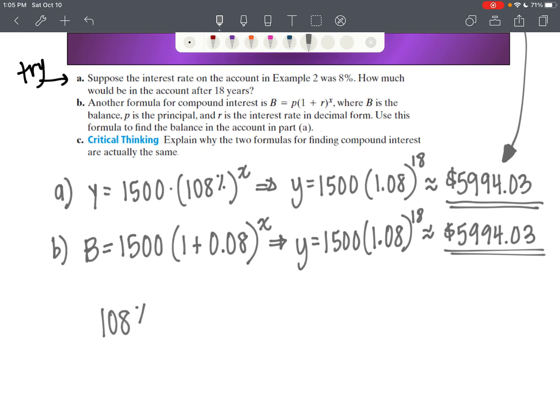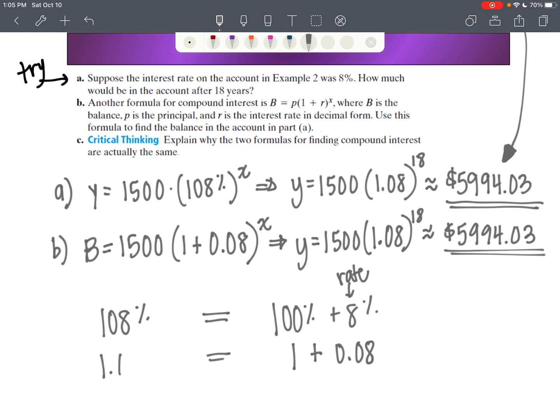Well, 108% is the same thing as 100% plus 8%, which is where we get the 1 plus the interest rate of 8%. 1 plus 0.08 is 1.08. 108% is 1.08. Same thing. So that is why A is the same thing as B. And you can use whichever formula you want.